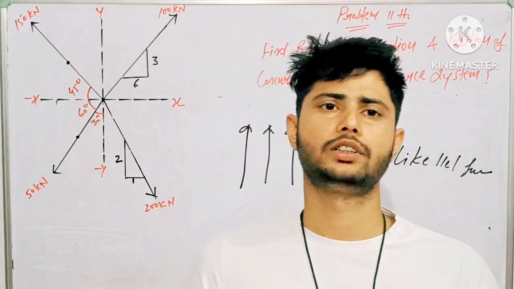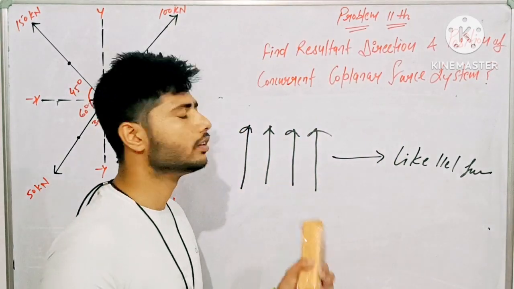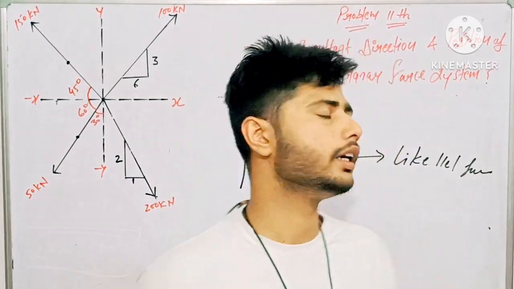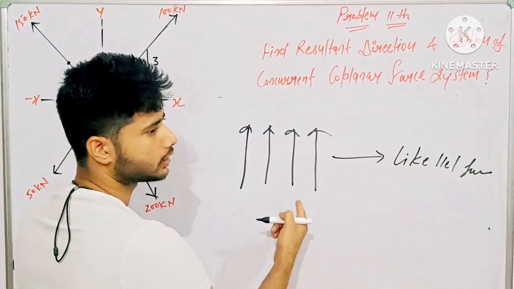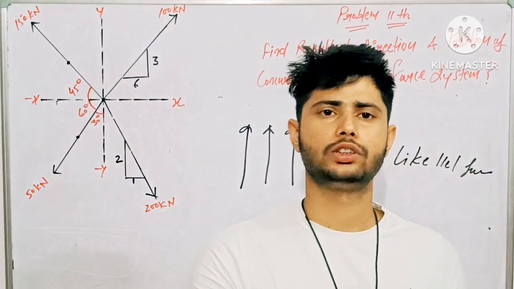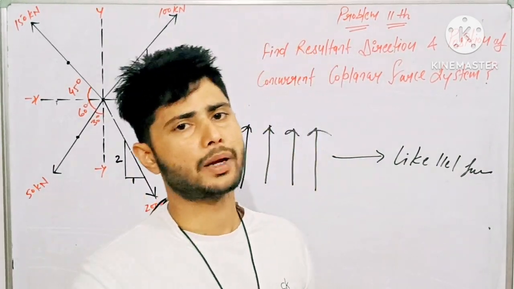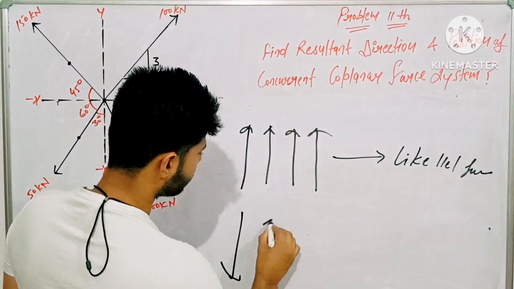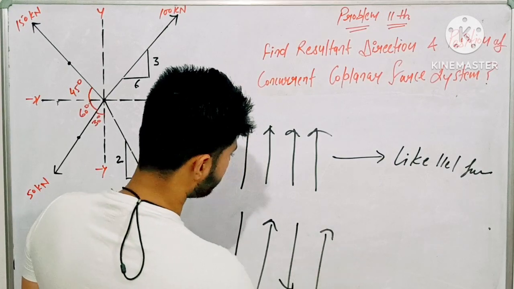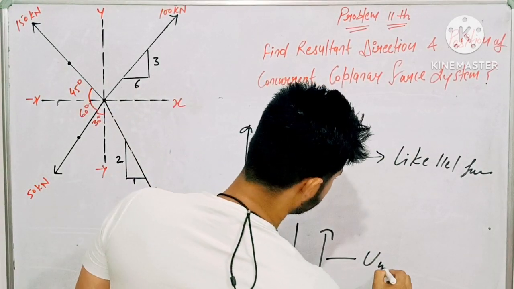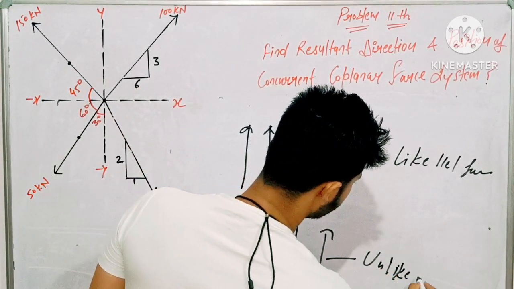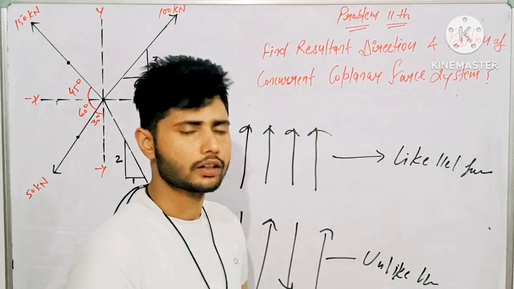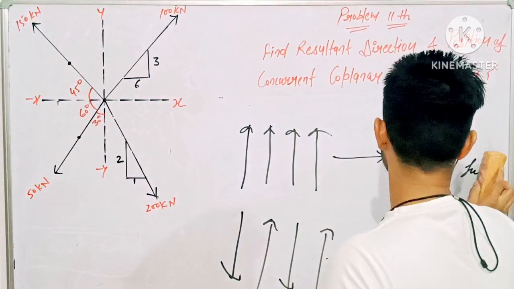In like parallel force system, the direction of parallel forces will be the same, and in unlike parallel force system, the direction may be opposite. This is unlike parallel force system. Okay, now what is resultant?